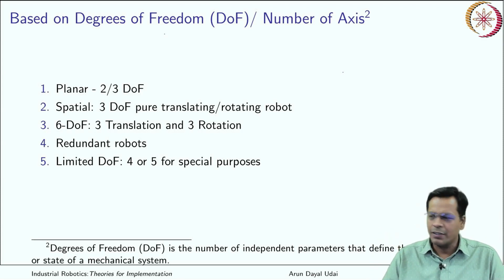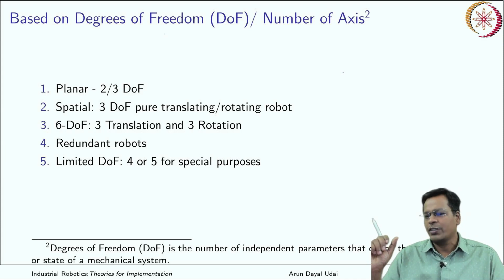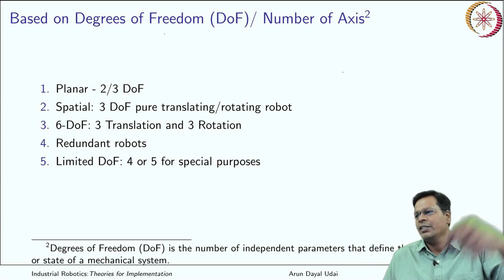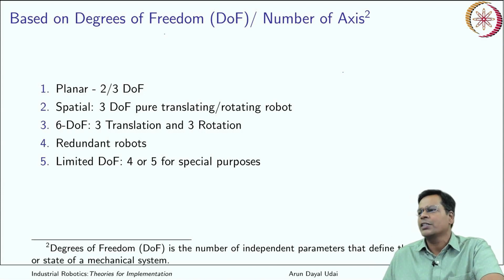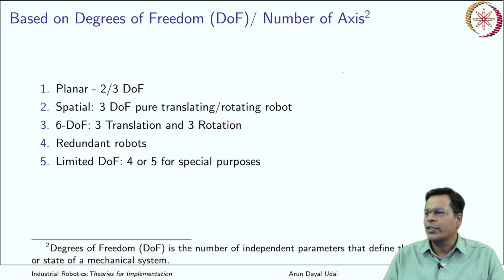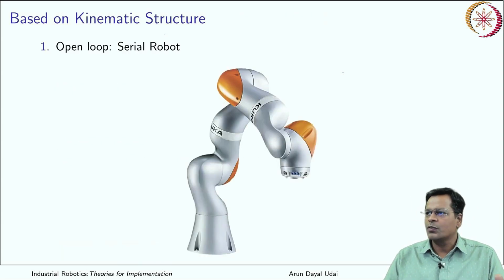So that is the need for that. So yes, for limited degrees of freedom, robots are for special purposes. Like for the electronics industry, when you just need to pick and place ICs or circuit components vertically and you just have to place them on a board, SCARA is quite good enough, right? So this is one of them.